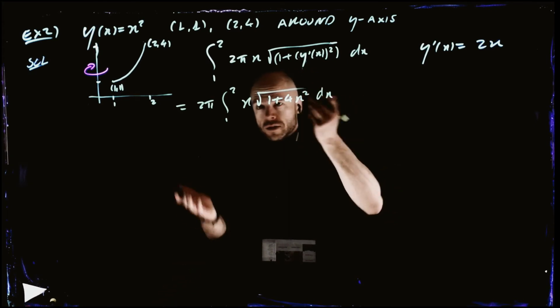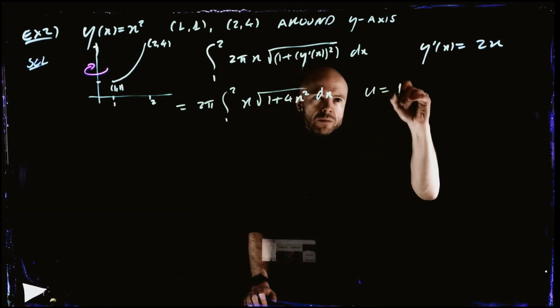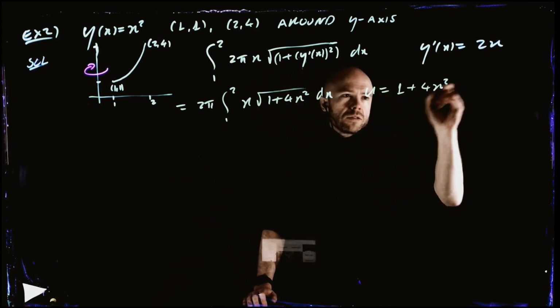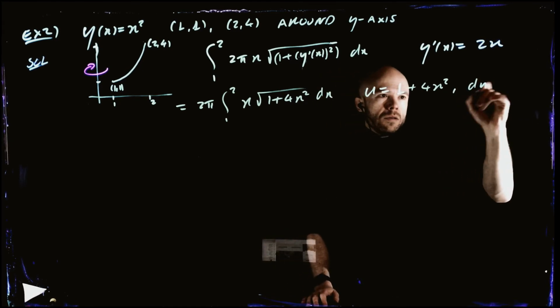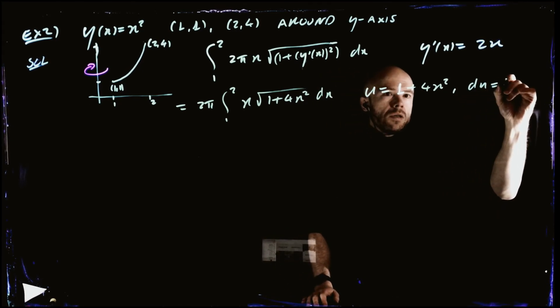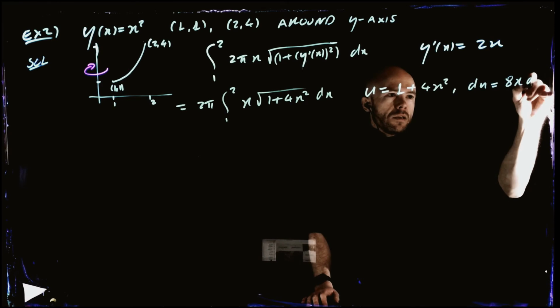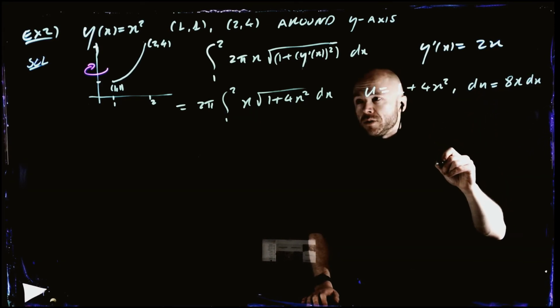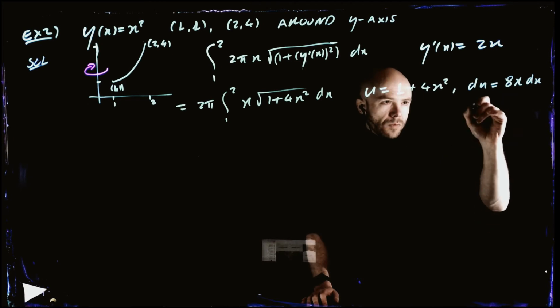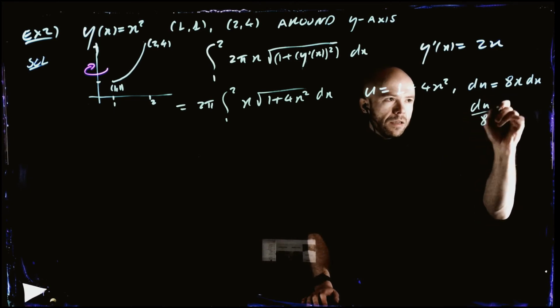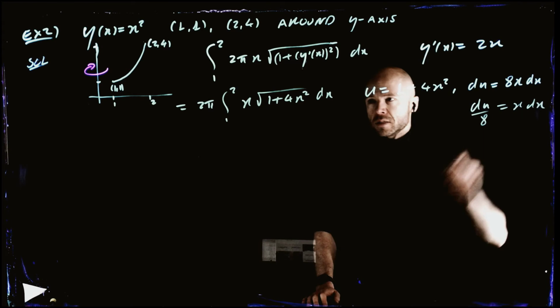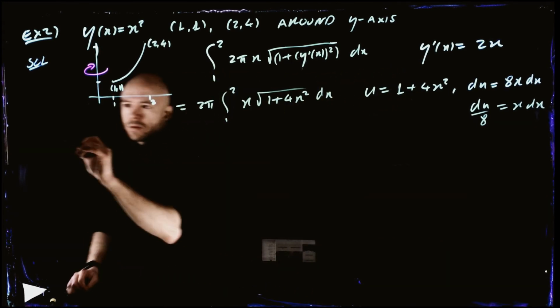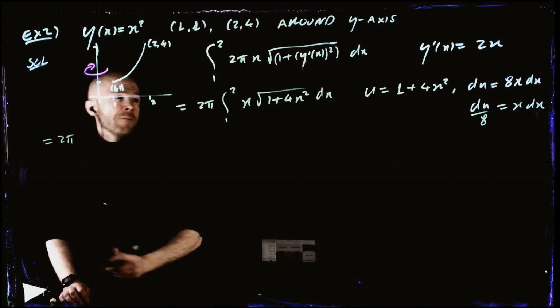This is an easy u-substitution. We let u be 1 plus 4x squared. Then du is equal to 8x dx, so du over 8 is equal to x dx. Now let's do this integral. It's 2 pi.